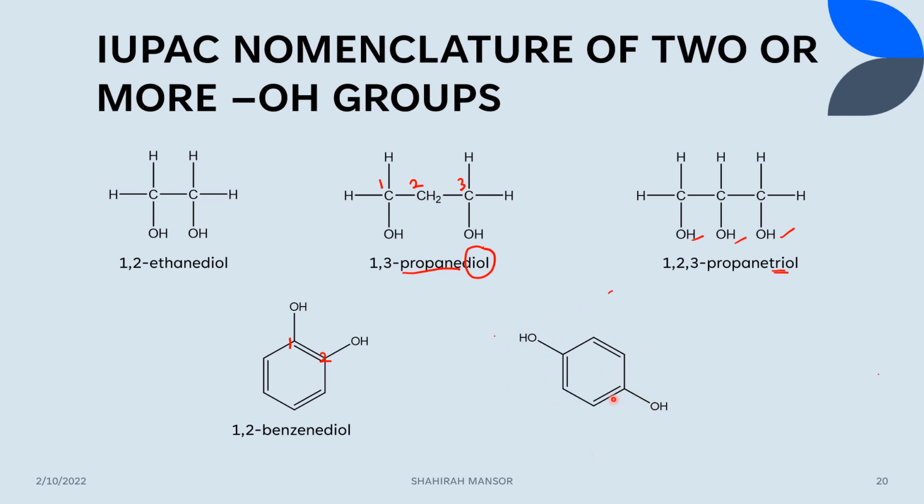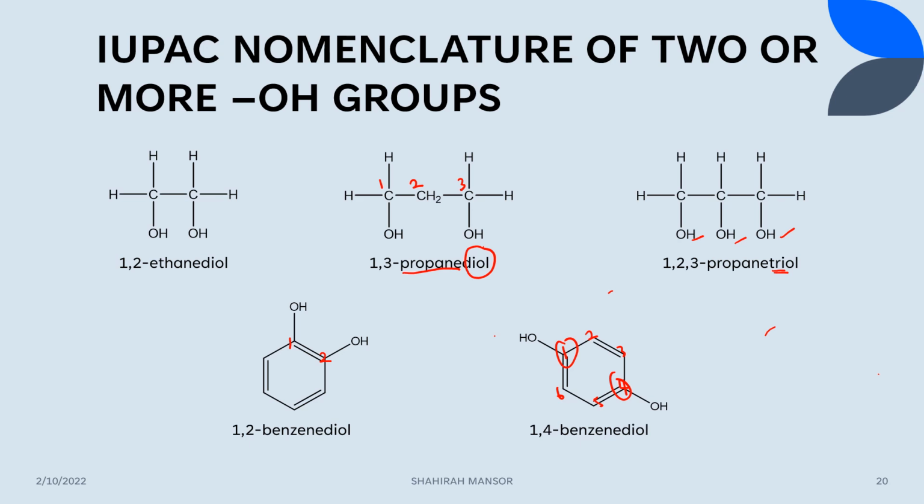The next structure has 2 OH on this benzene ring too. So you cannot use the phenol name anymore, because there are 2 OH directly bonded to the same benzene ring. Now the positions of the OH are 1, 2, 3, 4, 5, 6: position 1 and position 4. So the name of this molecule will be 1,4-benzene diol, or p-benzene diol.